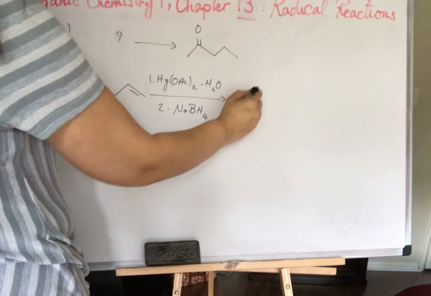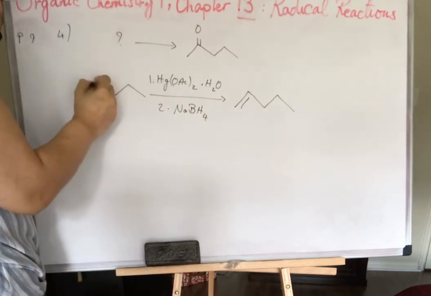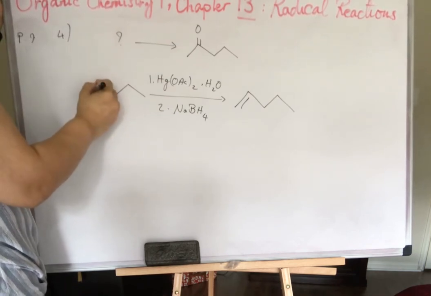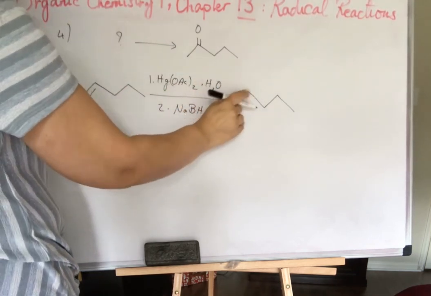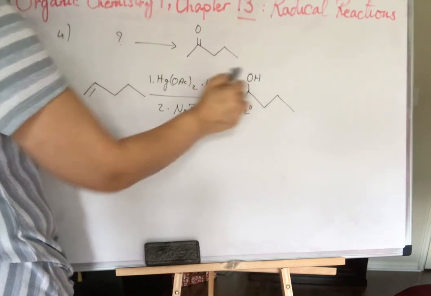And then to realize it better, let me change it to this. So now you need a Markovnikov addition of water, so OH is going to be added here. Now you have a secondary alcohol.